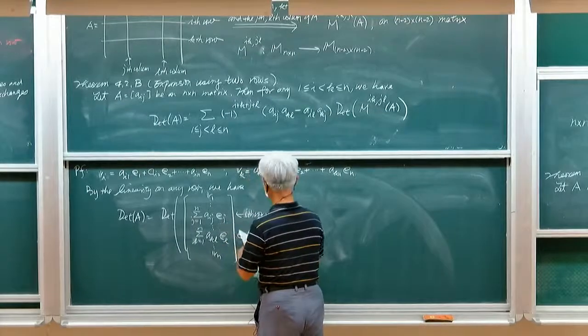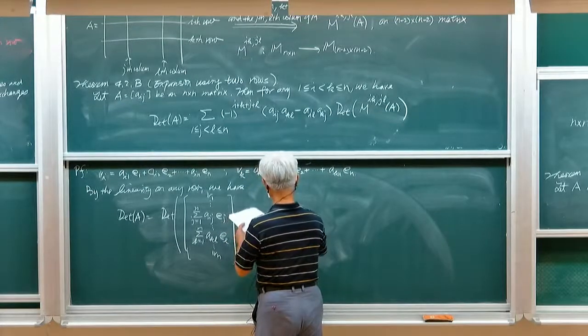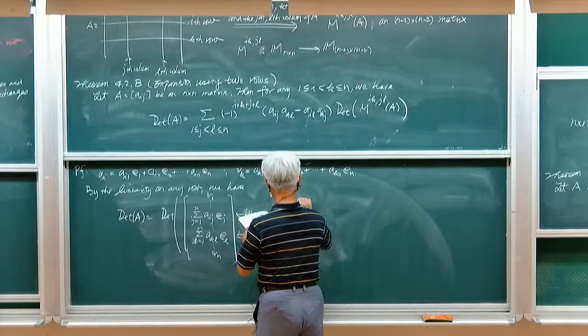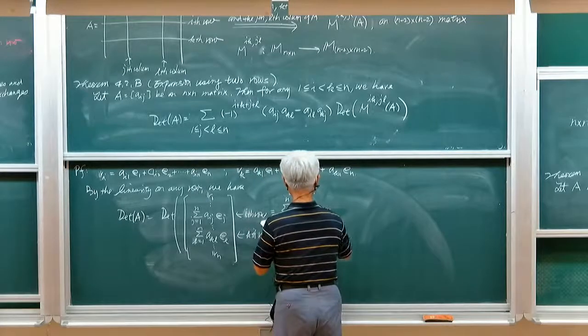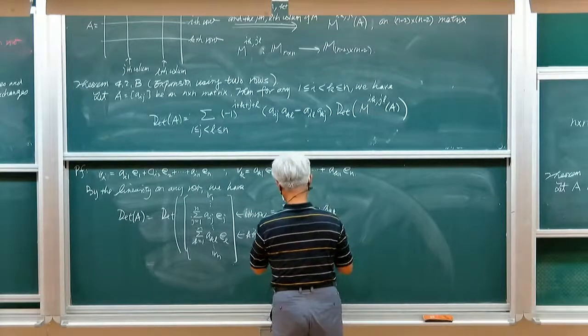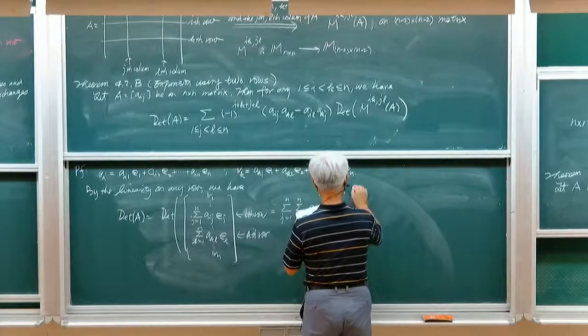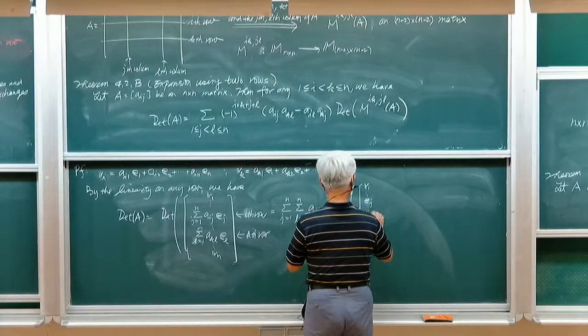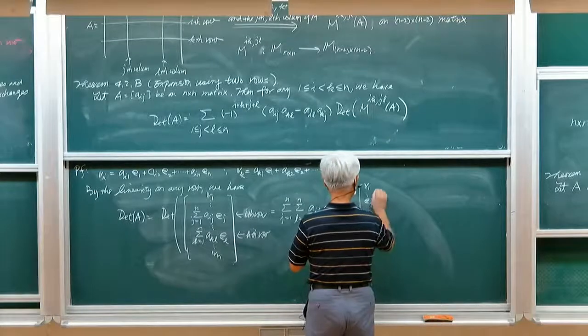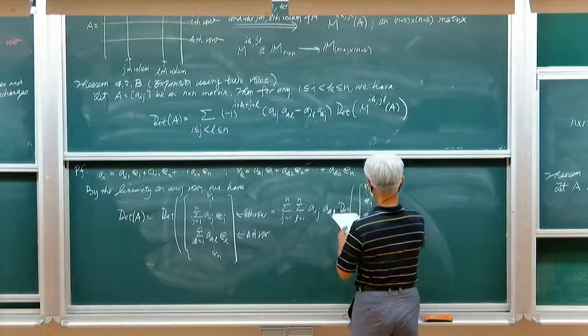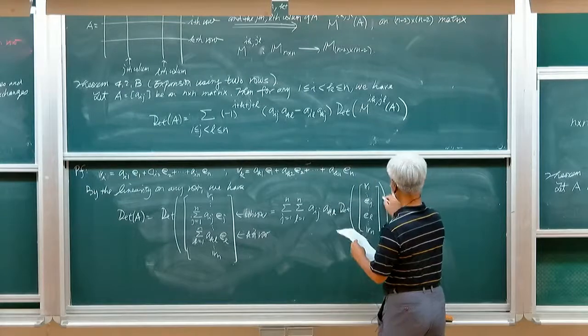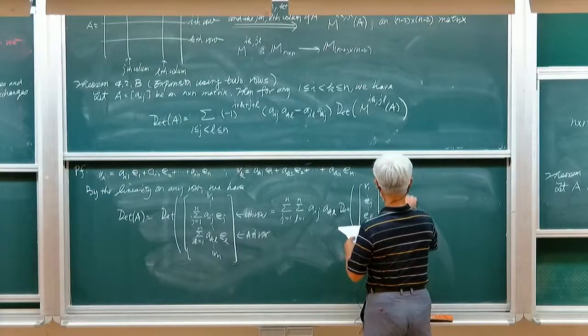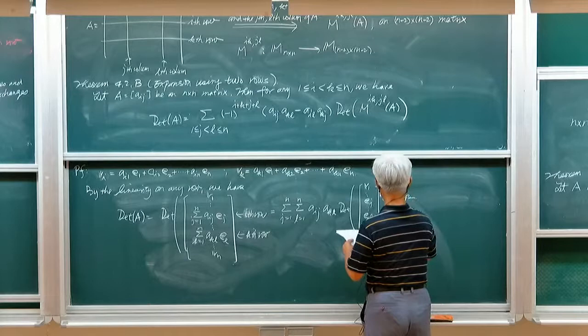By linearity we now have a double sum over j from 1 to n and l from 1 to n, of a_ij a_kl times the determinant of R1, e_j, e_l, Rn, where e_j is in the i-th row and e_l is in the k-th row.